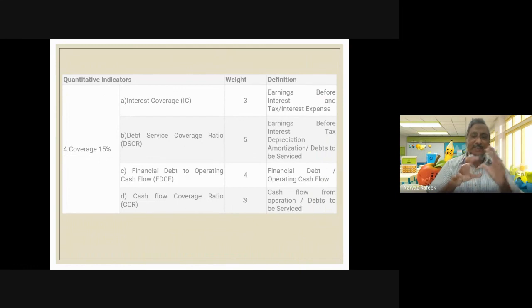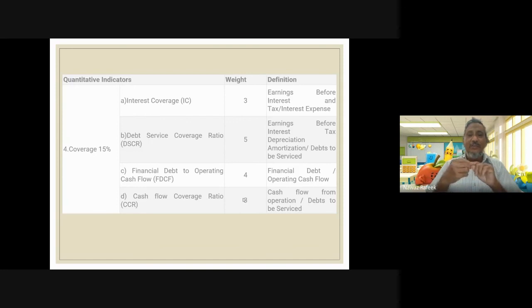Then on the other side there is some more qualitative data. These are the basic things I have given to understand how the rating can be marked. This is one of the suggestions. Interest coverage, earnings before interest and tax divided by interest expenses, is 3 points. Debt service cover ratio, earnings before interest and depreciation over debt service, that's called debt service coverage, gets 5%.